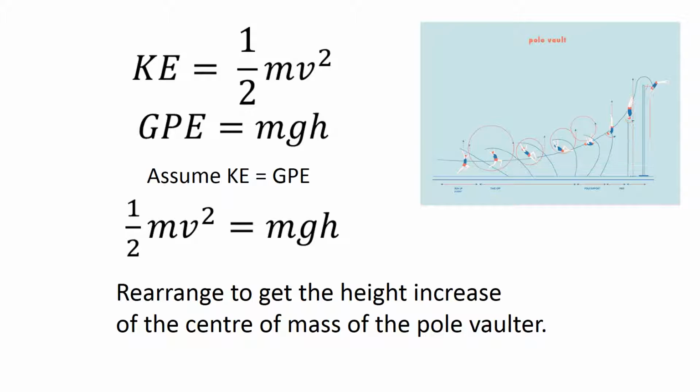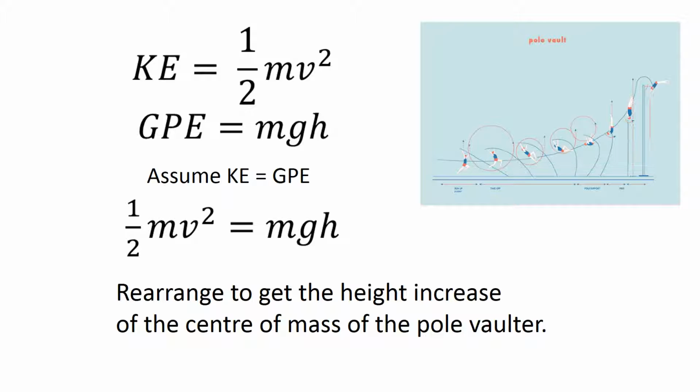So that's our model. Our model is that a half m v squared, where m is the mass of the pole vaulter and v is their velocity, is equal to mgh. So we need to rearrange this equation to work out what the maximum height is. We need to basically make h the subject of that equation.